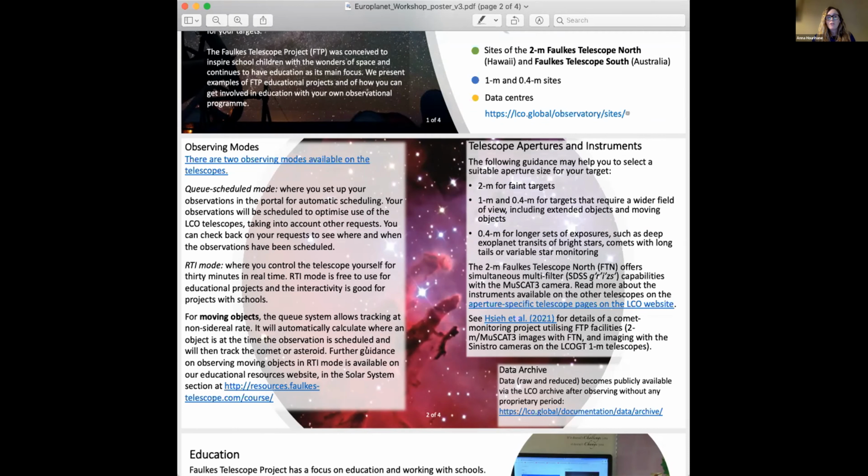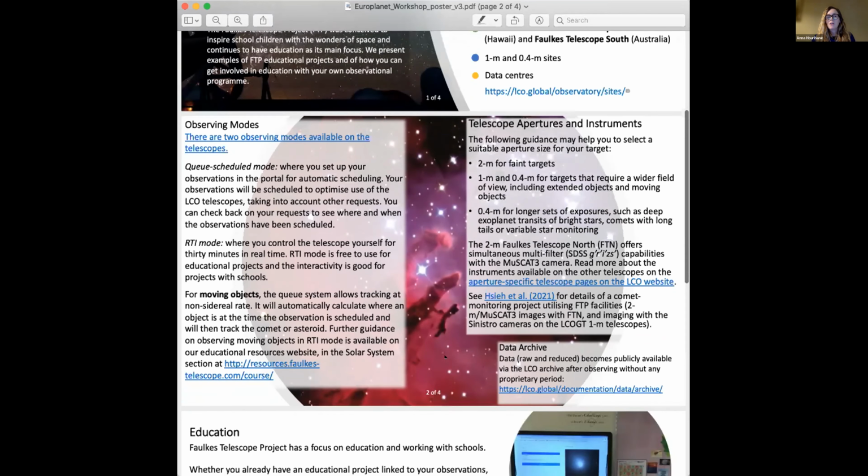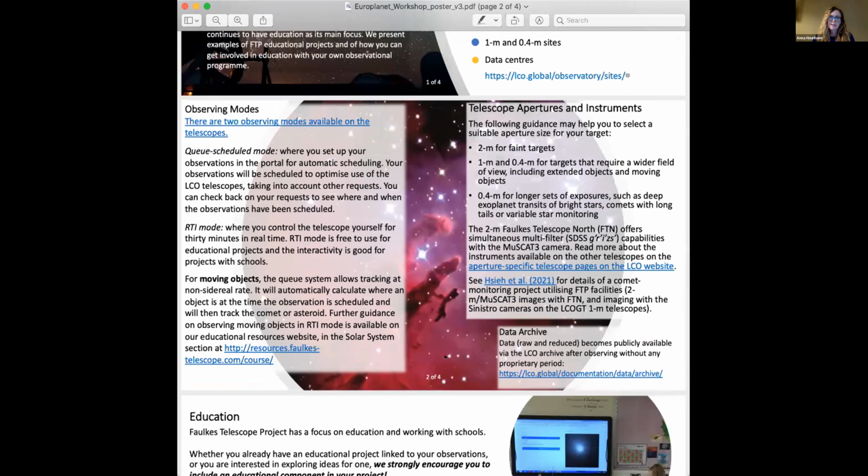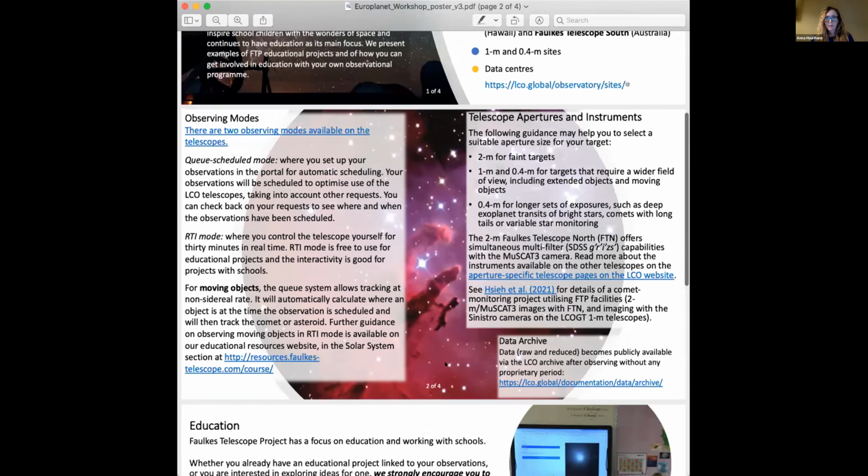Note that for moving objects, the Q system allows tracking of comets and asteroids, so you can track at non-sidereal rate. A point to be aware of is that an altitude of around 25 degrees is approximately the minimum due to physical constraints on the telescope housings.